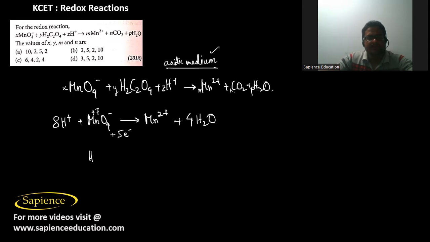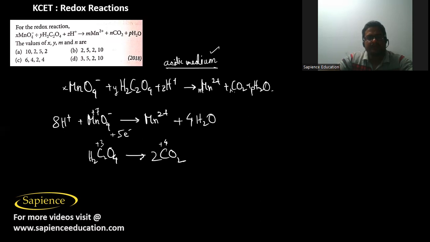Then H2C2O4. So C2O4 2 minus ion will change to 2 CO2. Here carbon is in +3 oxidation state, and here it is in +4 oxidation state.